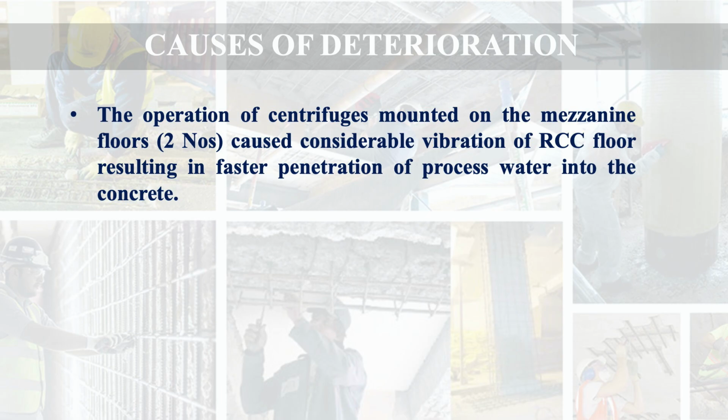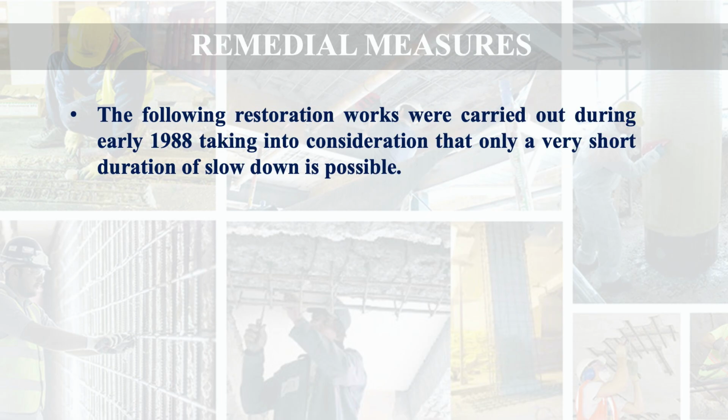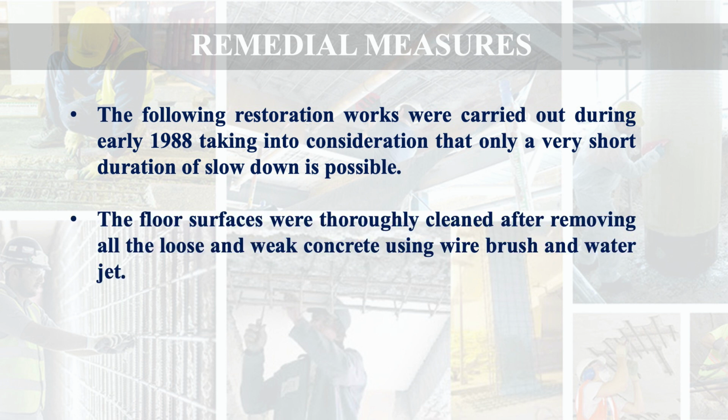What remedial measures were taken? The following restoration works were carried out during early 1988, taking into consideration that only a very short duration of slowdown is possible. The floor surfaces were thoroughly cleaned after removing all the loose and weak concrete using wire brush and water gel.